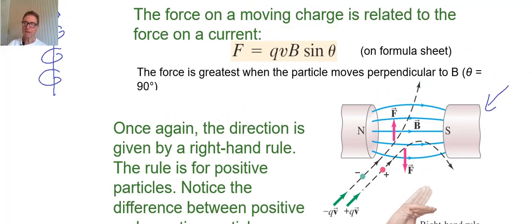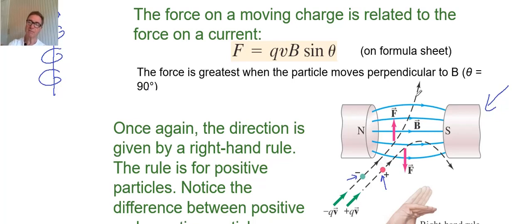So we have an electron here. We have a proton here, or a positive charge there. And they are going through the magnetic field. And one thing that you may notice very clearly is that when the electron goes through the magnetic field, it feels the magnetic field, but what is the direction of the force on that electron?